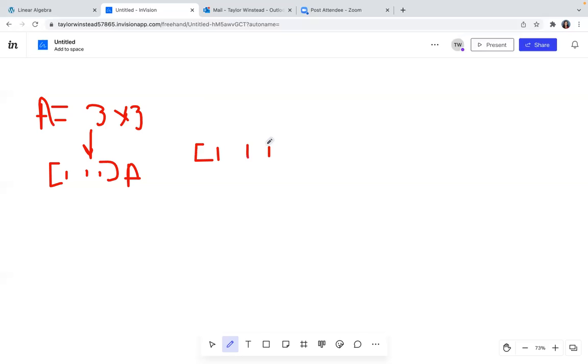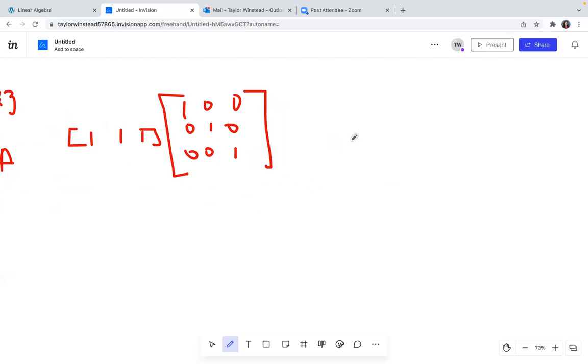1, 1, 1 times this 3x3 matrix, but we've got 1, 0, 0, 0, 1, 0. So if that's true, what are we going to get? If we multiply this by this row, and that row, we've got 1 times 1, 1 times 0, 1 times 0.